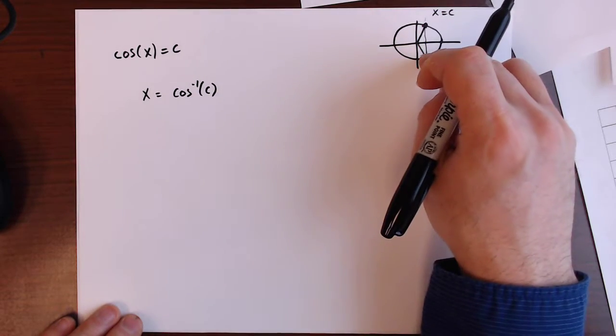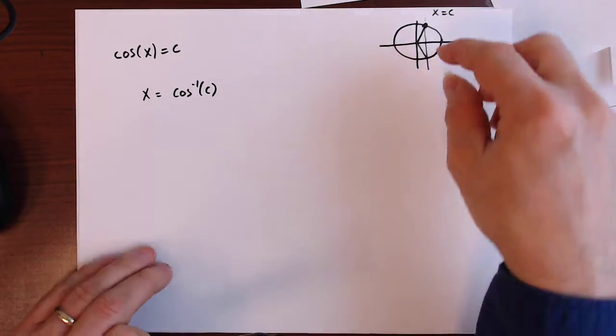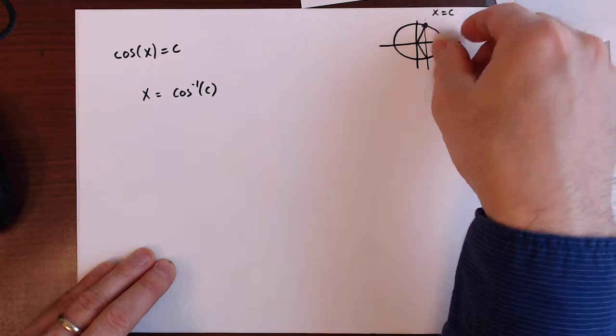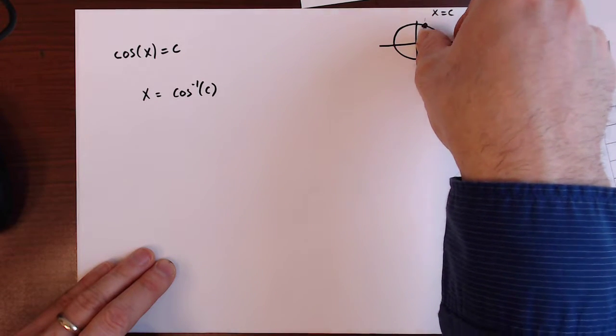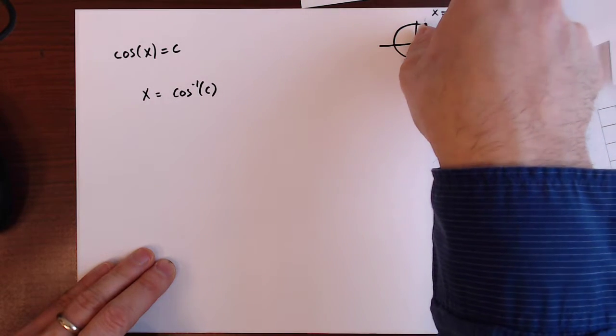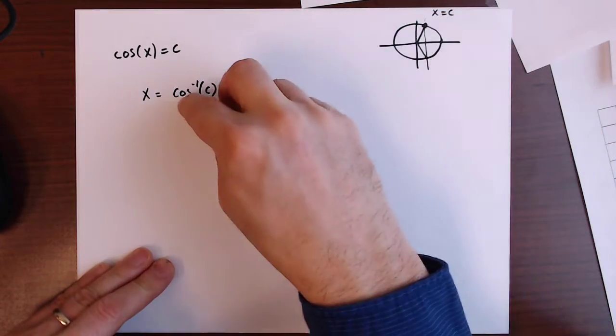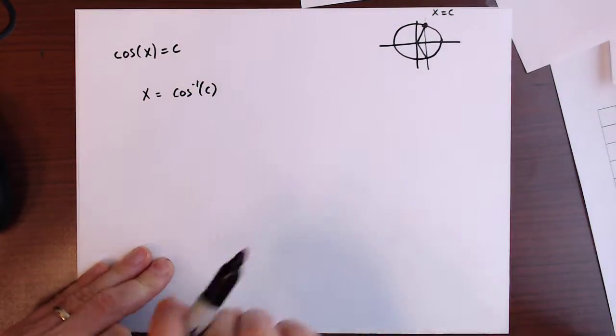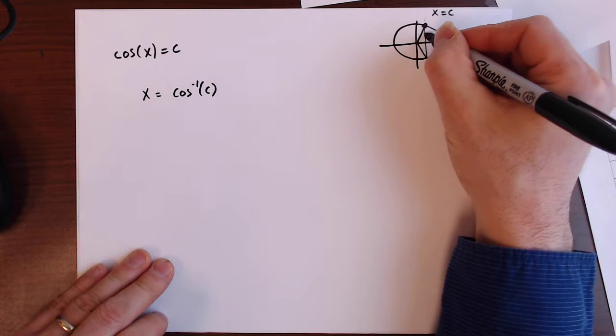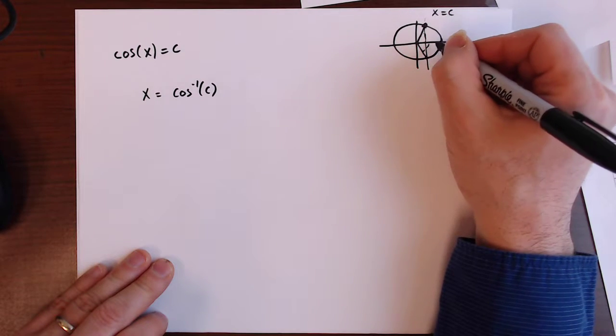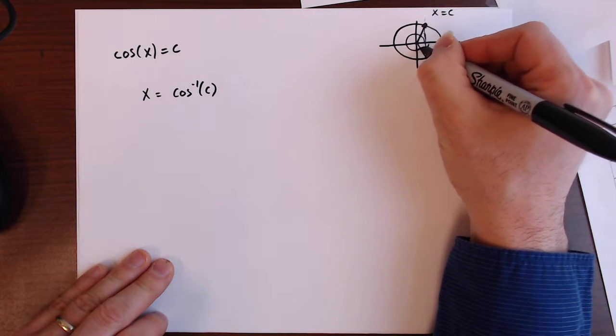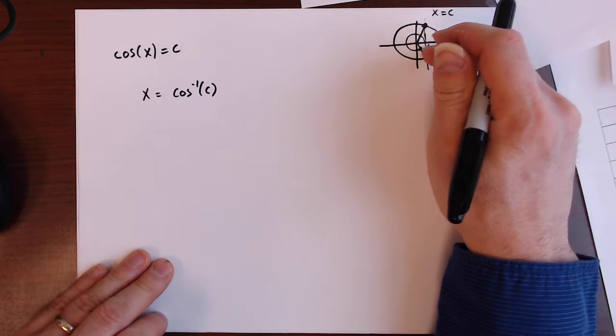So the solutions here are going to be inverse cosine of c, the angle in quadrant 1 or 2. And if I want the other angle over here, there are two ways of saying it. One is instead of having a clockwise reflection, we have a counterclockwise reflection, so this is just minus that. The other way is that this angle here is the same as this angle here, so going all the way around, it's the entire circle minus that.